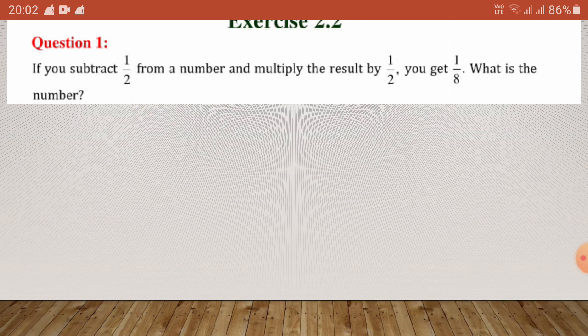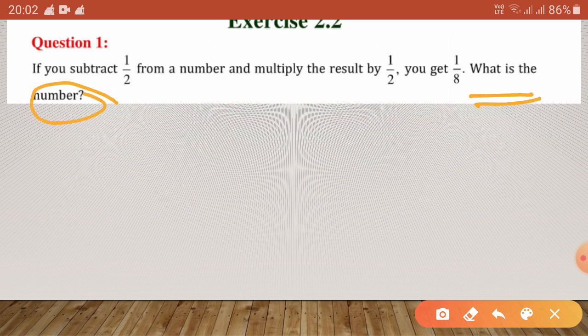Okay, so in all these problems you have to remember one thing: you have to look first at the question, what is the number? And you have to convert this question into the answer. So here the question is, what is the number? The answer will be, the number is, and you can take any variable x, y, a, b, c, anything.